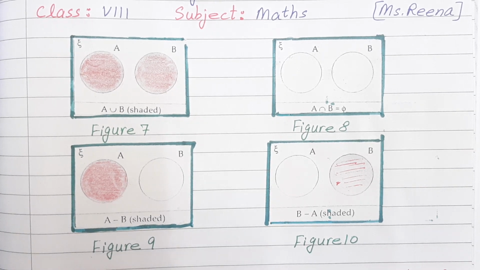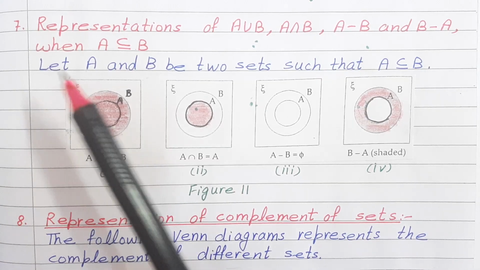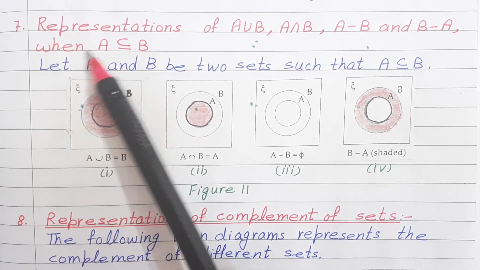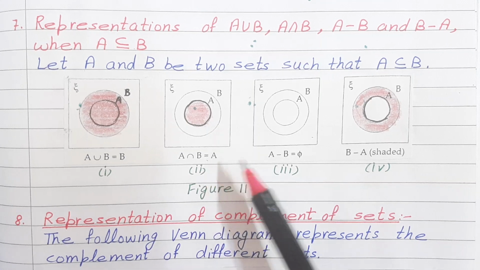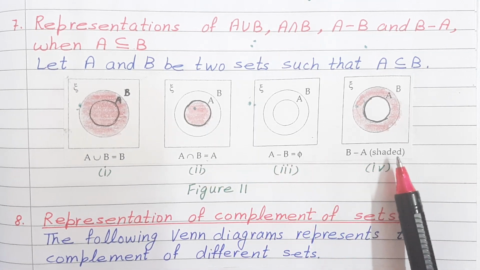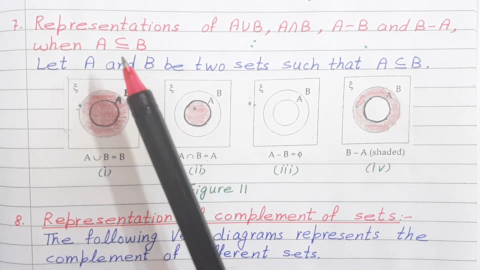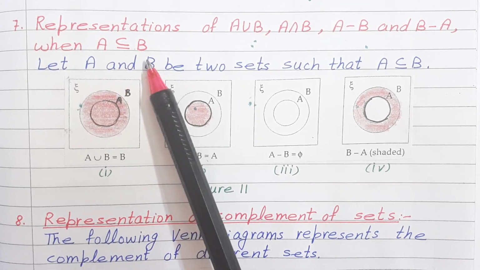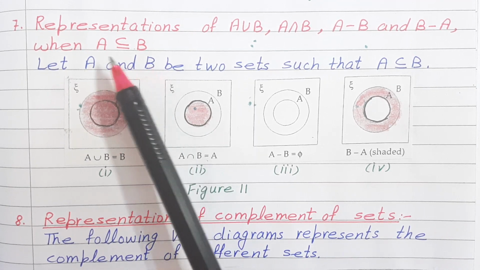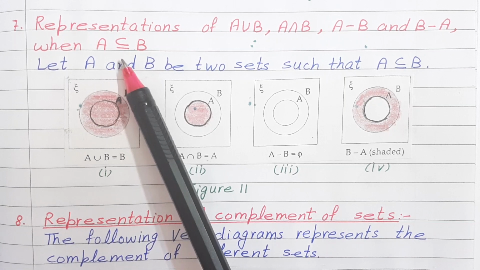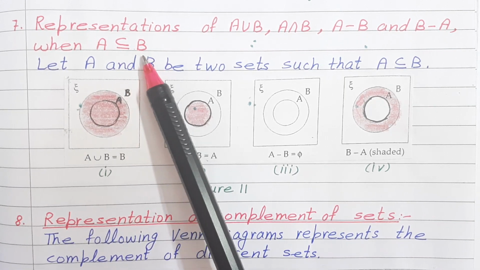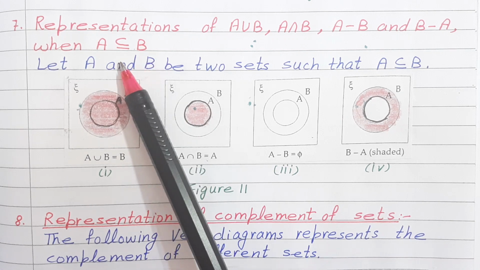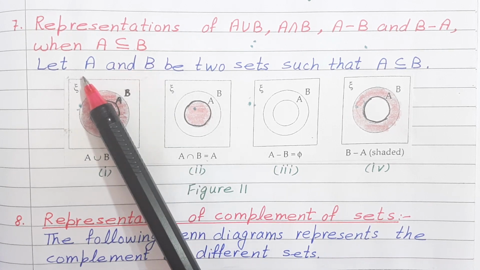Now let us discuss the next one. The next is the representation of A union B, A intersection B, A minus B and B minus A when A is contained in B. That is, A is a subset of B. Or you can say that B is a superset of A, right?